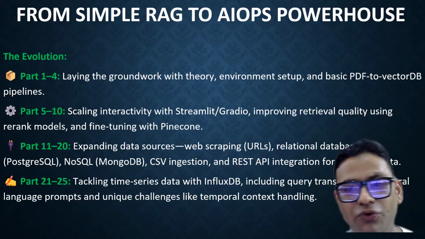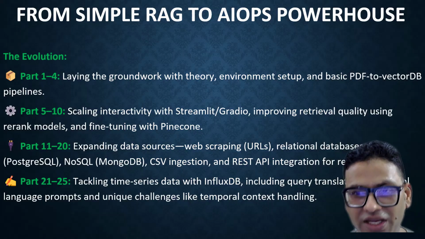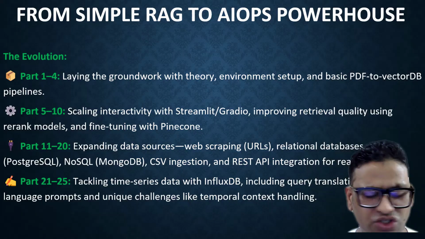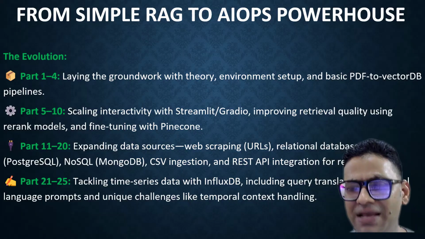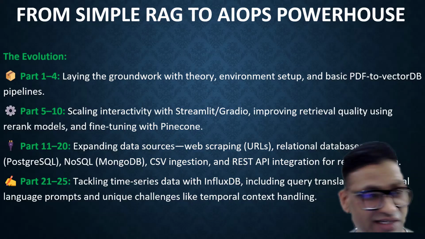From part 1 to 4, we just had the foundational work. I explained the theory, how we can set up the environment, and a very simple console-based application where we can upload the PDF and load the data to the vector DB.